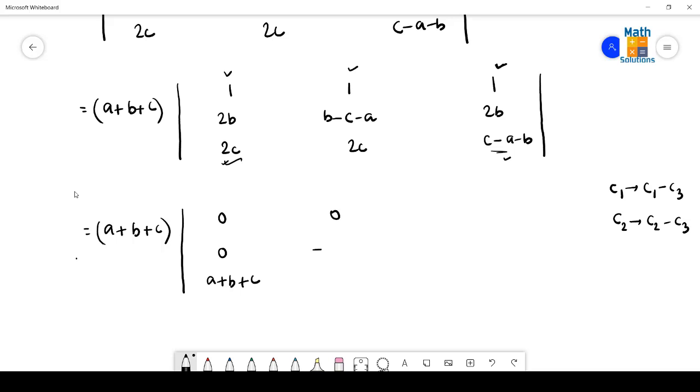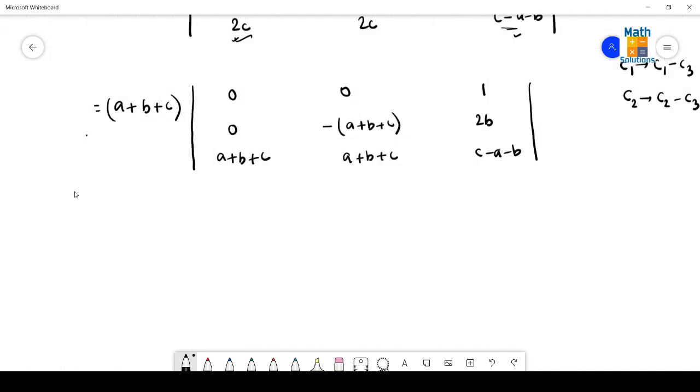Then after subtracting this term from this one, we shall be getting negative of A plus B plus C, and here similarly it will be A plus B plus C, and the terms left here will be 1, twice B, then C minus A minus B. So it is very clear that from the first column and second column we can take common A plus B plus C and A plus B plus C, and one A plus B plus C term originally present outside the determinant.